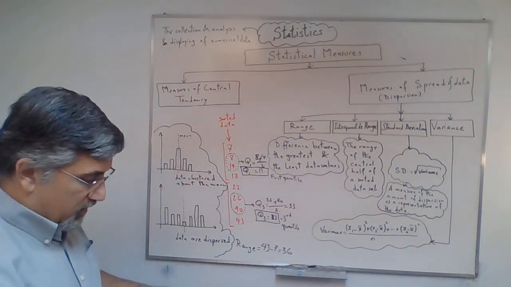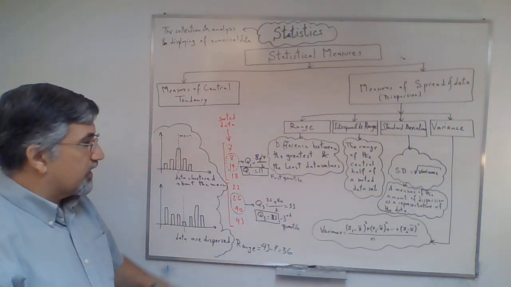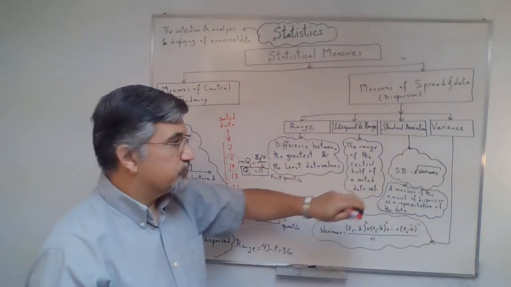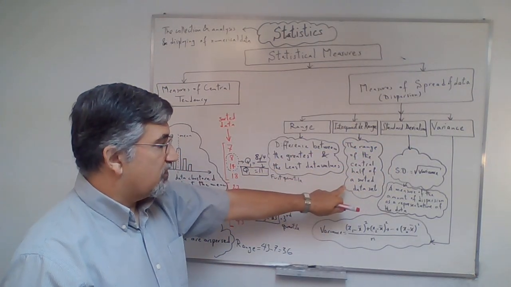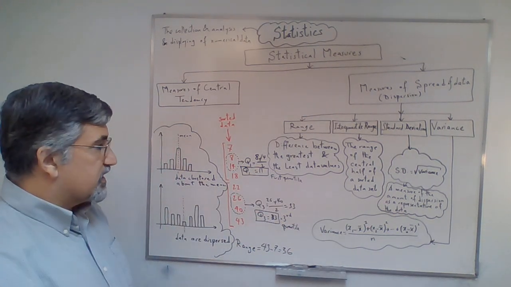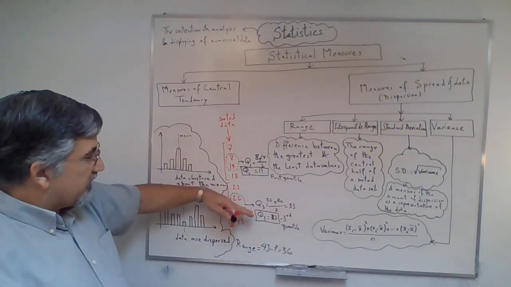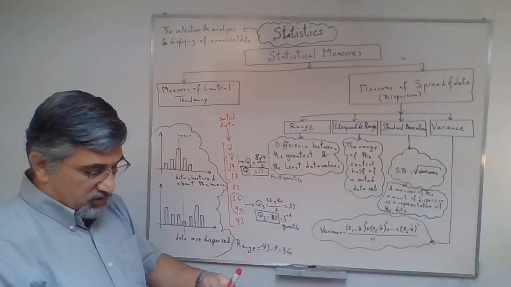So we found Q1 and Q3, first quartile and third quartile. What are we trying to calculate? The interquartile range. What is interquartile range? The range of the central half of a sorted data set. So basically, we said that the range is the difference between the greatest and least values. So we're going to find the difference between Q1 and Q3 by a simple subtraction, of course.